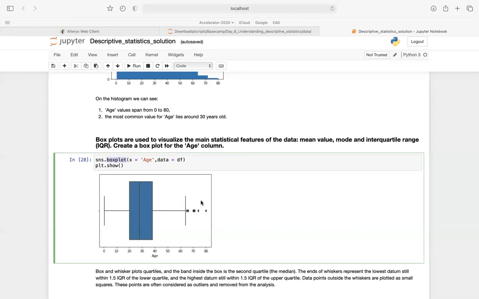Box plot is primarily used for two reasons. One, to pictorially demonstrate the 5-point data summary for any column. Second, to identify if there are any outliers in my column. What is an outlier? Anybody has any idea?